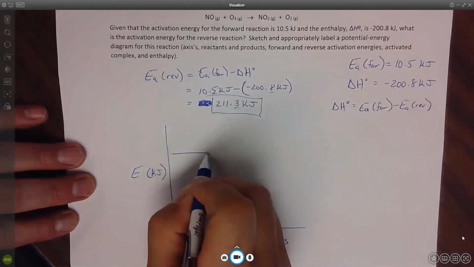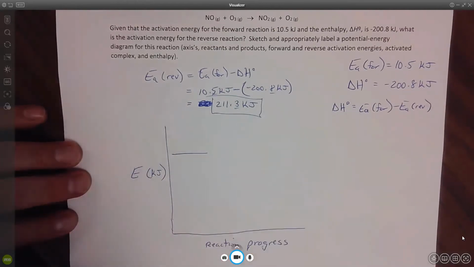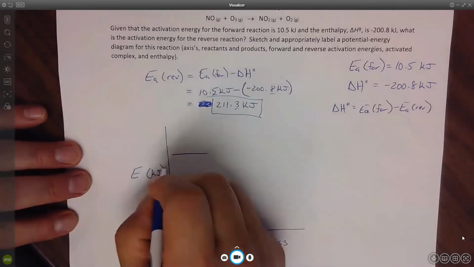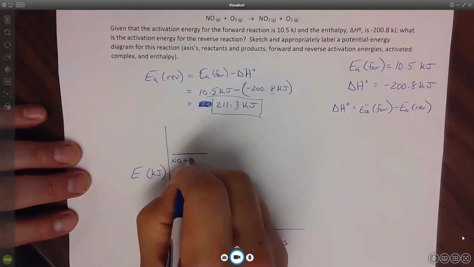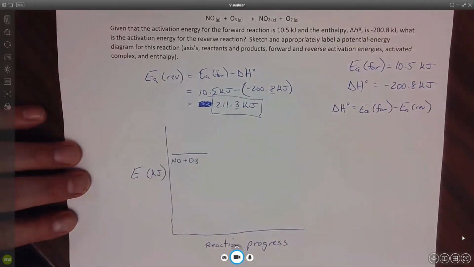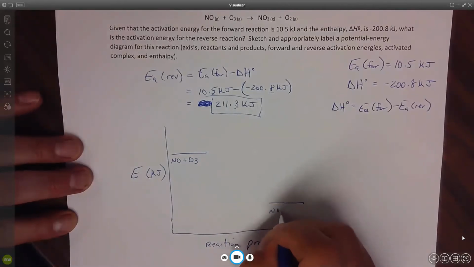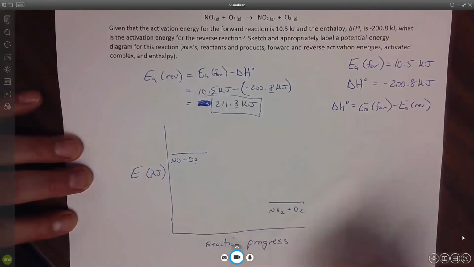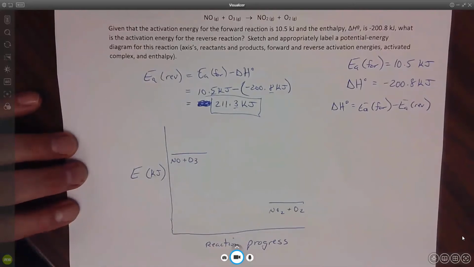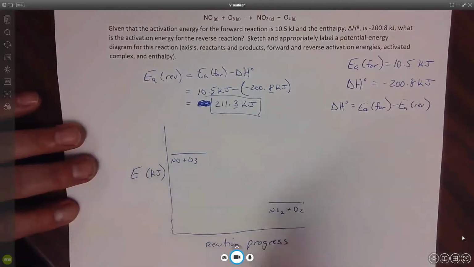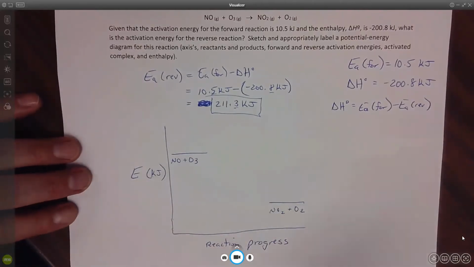We're going to start here with our reactants. In this case, it's NO and O3, right? So NO and O3, there's our reactants. And then our products are going to be lower in energy, which is our NO2 and our O2. And then what do I need to complete this drawing? What should it look like?